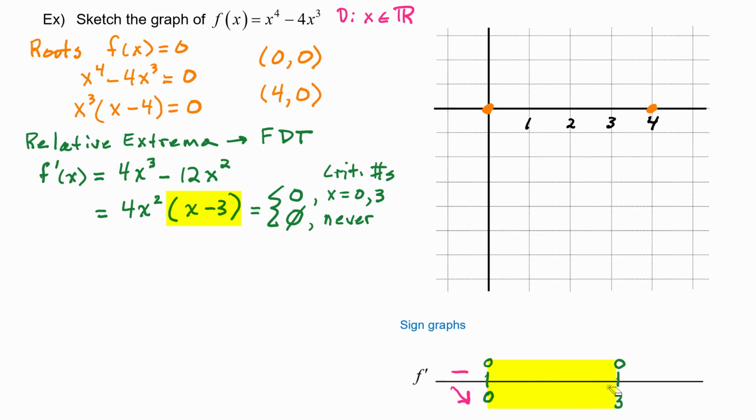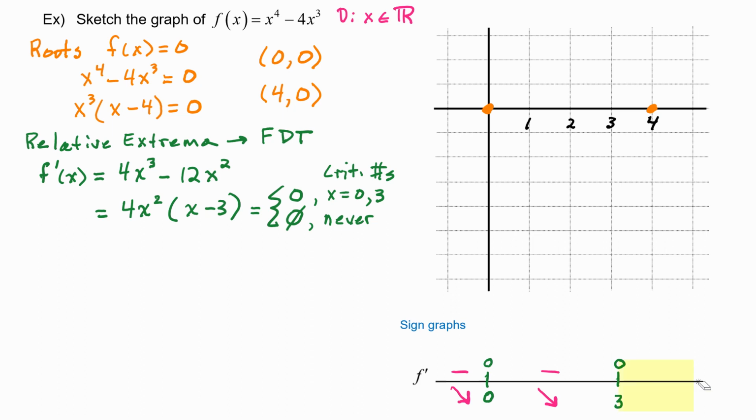A test point in here, we could choose 1 or 2. Either way, this is negative, which means the graph is decreasing. So notice, even though we had a critical number here, the derivative did not change sign. Remember that the critical number is the places where the derivative could change sign.